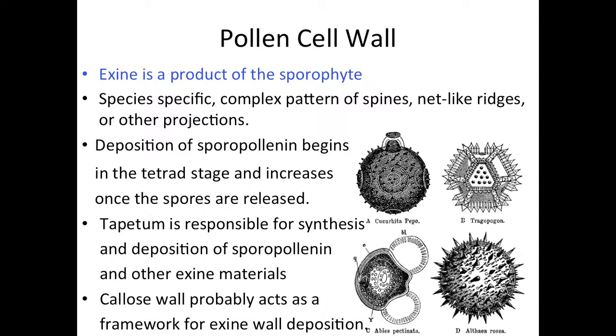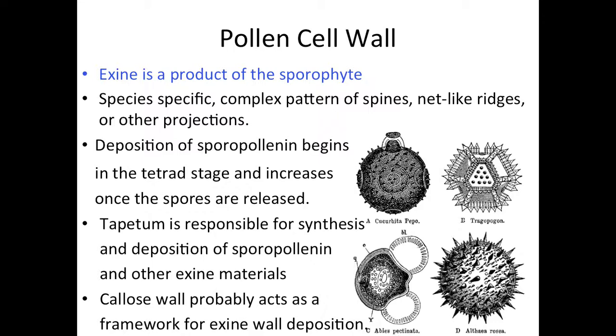In fact, it has to wait somewhat until the microspore has increased its volume before pollen mitosis 1. Once the microspore has achieved its final volume, that's when sporopollenin can really be deposited in quantities and complete its deposition.